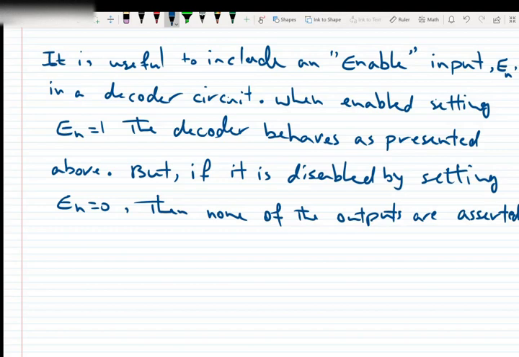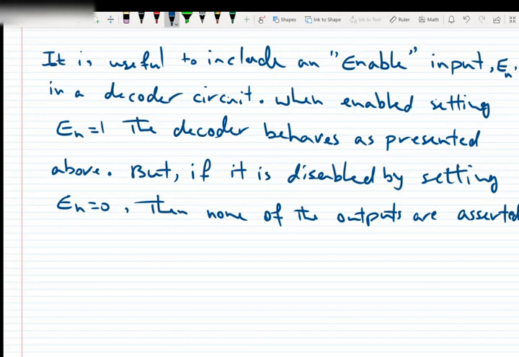Okay, before showing a decoder with enable input, the enable input can be added to multiplexer and demultiplexer circuits as well. It's not just for a decoder.